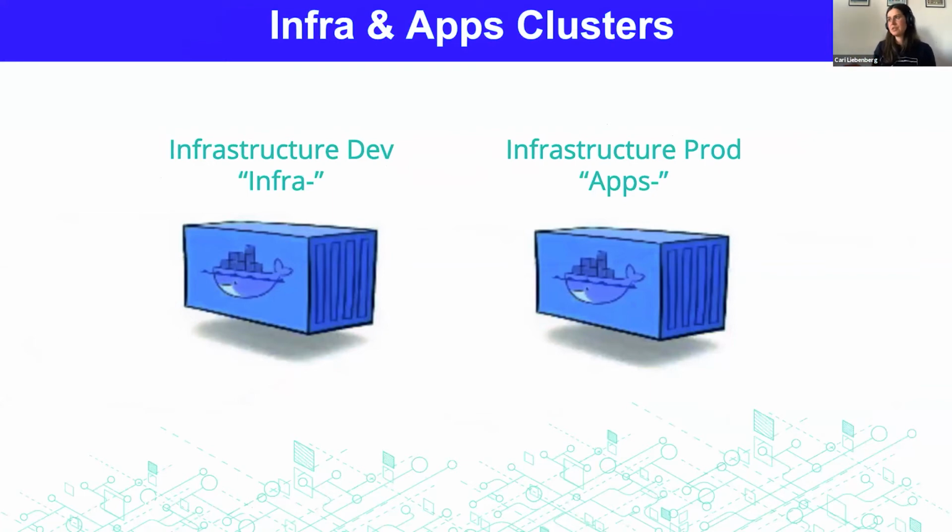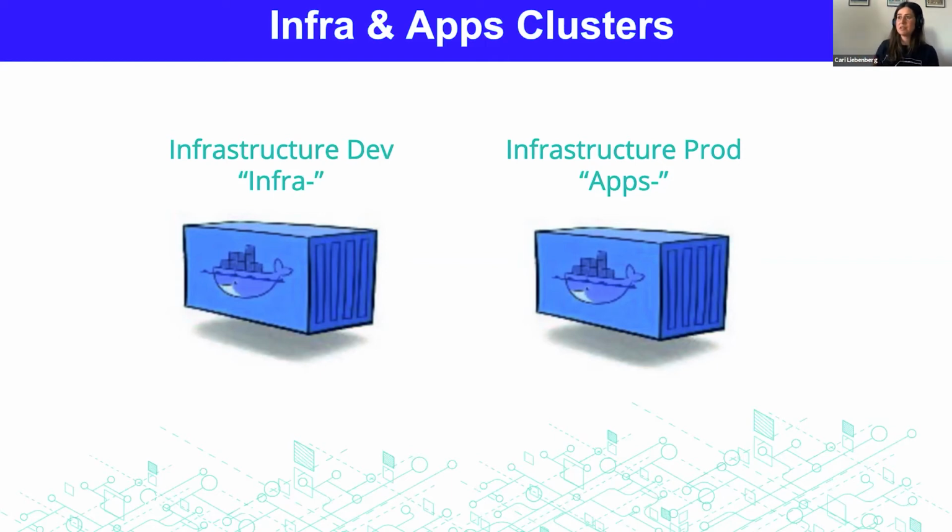And infrastructurally, this is not so much a pipeline pattern, just an infrastructural pattern. A lot of places are using an infra cluster and an apps cluster. Basically, the ops team can do whatever they want in the infra cluster before they do it to the apps cluster, test it out, figure out if it's going to break anything. The idea is that infrastructural changes should never break the apps cluster and prevent developers from continuing with their work.